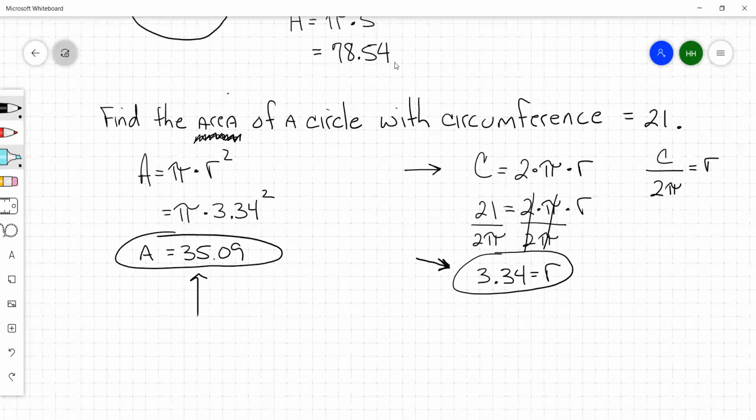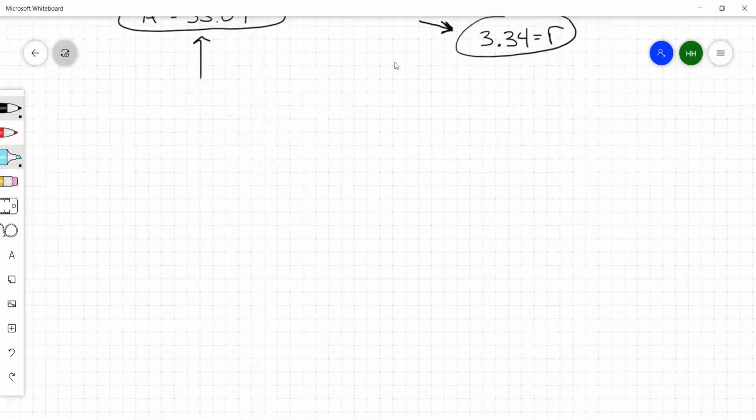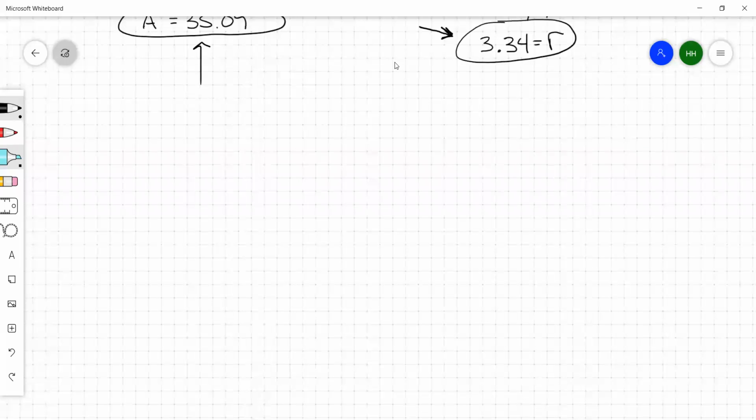Next, we're going to talk about a central angle of a circle.